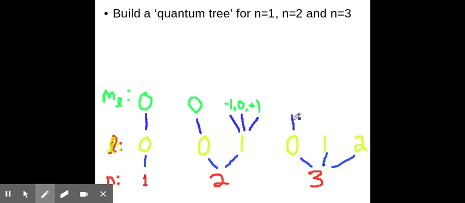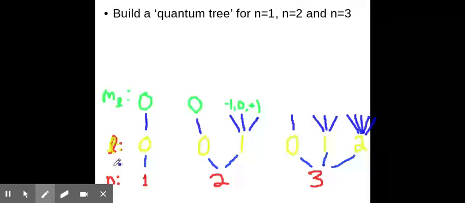If the energy level principal quantum number is 3, it has 3 possible shapes to that energy level, the 0 shape, the 1 shape, and the 2 shape, based on the fact that L goes from 0 to n minus 1. So just like the one before it, there's going to be 3 possible orientations for this 1, and this 2, this is where you start wishing you had a longer page. This 2 is going to have 5 possible orientations, and I don't think I'm going to be able to fit those all in there, but 5 possible orientations.